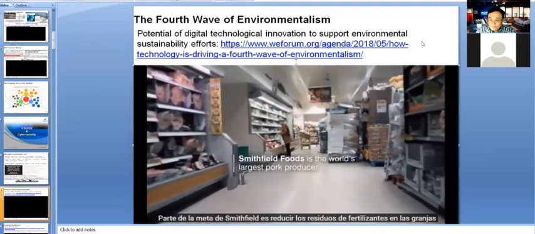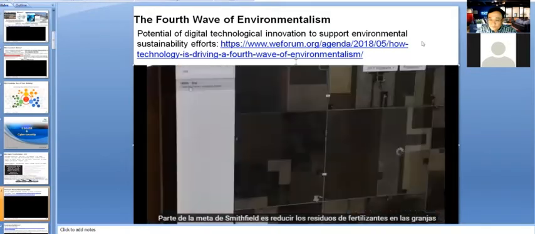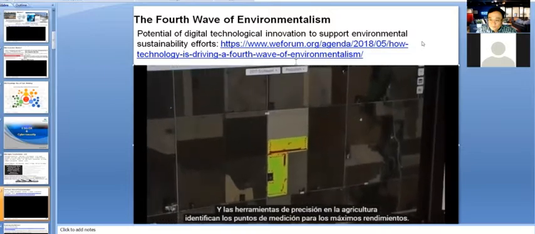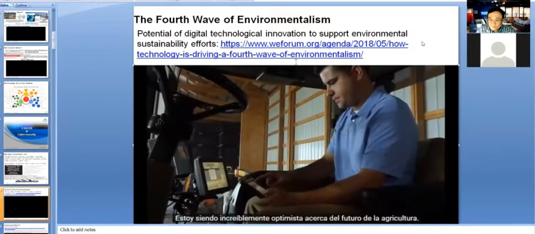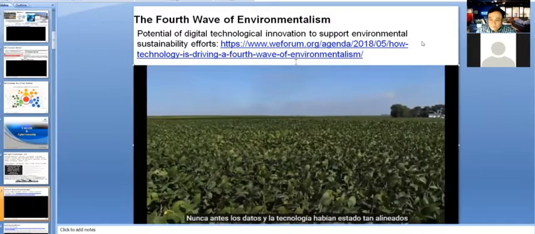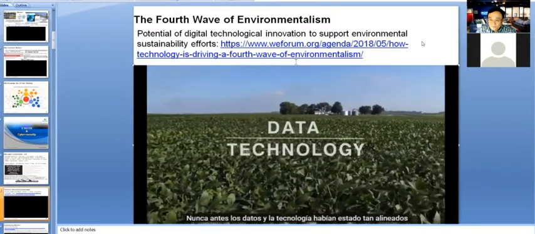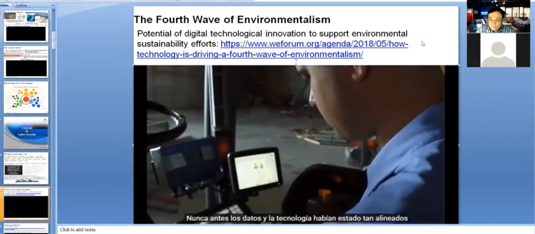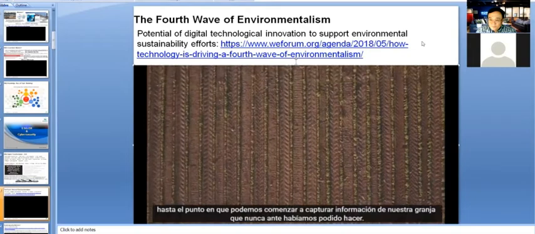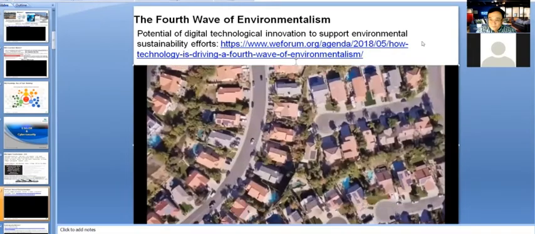Part of Smithfield's goal is to reduce fertilizer waste on farms, and precision agricultural tools provide pinpoint measurement for maximum yields. I am incredibly optimistic about the future of agriculture. Never before has data and technology been so aligned to where we can start capturing information from our farm that we've never been able to.